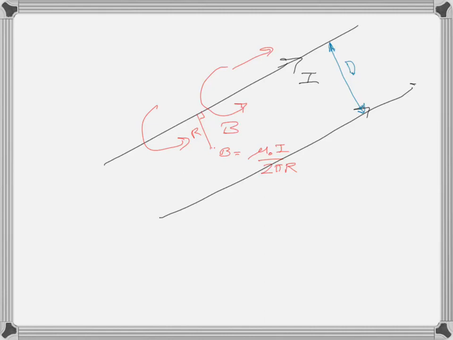Let's say the top one, wire 1, carries current I1 up and to the right, and wire 2 carries current I2 up and to the right. And I want to know, what is the force between these two wires?